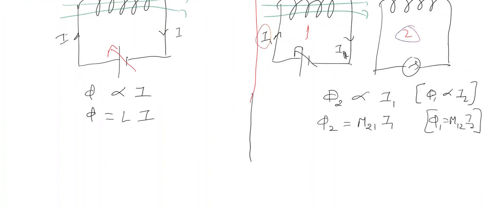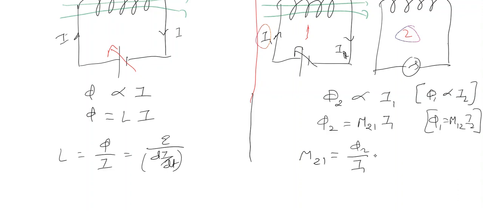In this case, we have one more. L is written as phi by I, or else epsilon by di by dt. Induced EMF per unit rate of change in current. Here also M21 is phi 2 by I1, or else you can write it as minus epsilon 2 upon di1 by dt.